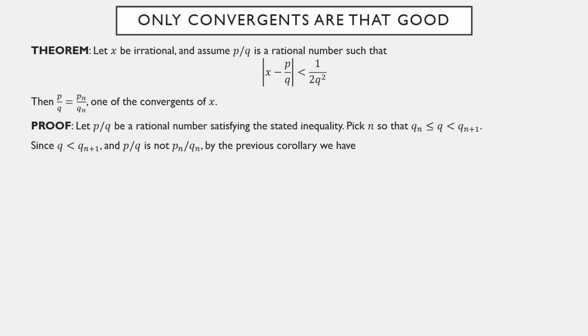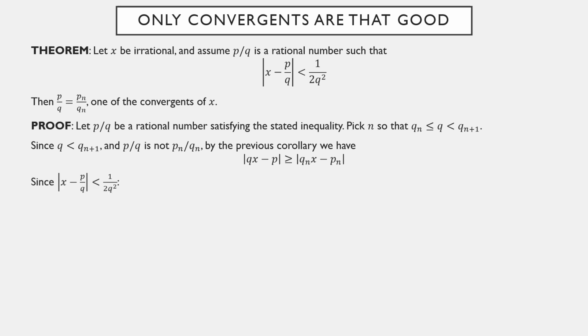So by the previous corollary, we see that the distance of qx to p has to be bigger than or equal to the distance of qnx to pn, because pn over qn is a best approximation of the second kind. Any next best approximation of the second kind that makes that distance smaller has to have denominator at least qn+1, and this rational number does not. Therefore, this rational number p over q is not a best approximation of the second kind.